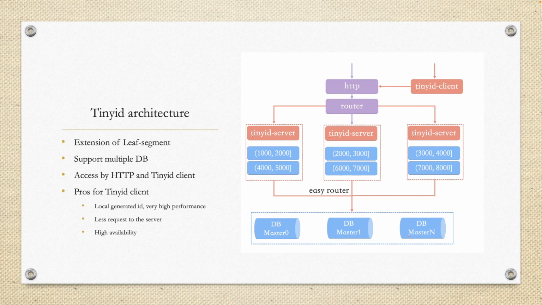Since these IDs are stored on the client side, it sends fewer requests to the server. Thus, the server has less traffic, and the client side can usually serve the ID from its memory. This Tiny ID solution provides higher availability.